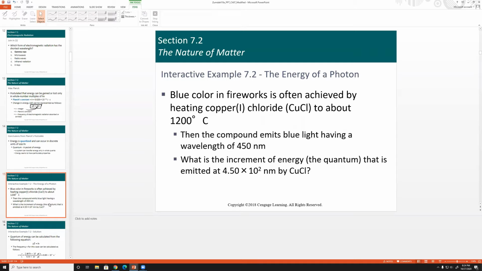All right, so let's do another example. A blue firework is often achieved by heating copper chloride to about 1200 degrees Celsius. And you notice this is the second question we had with fireworks.